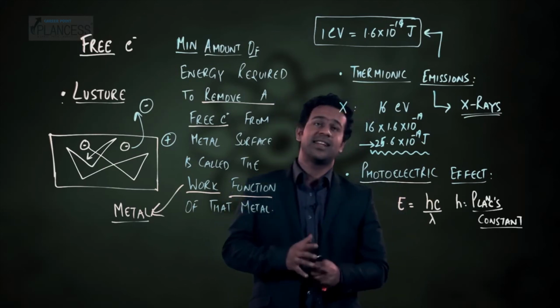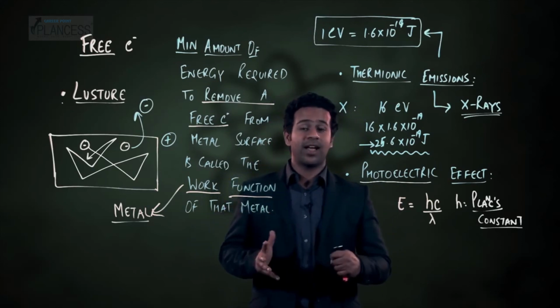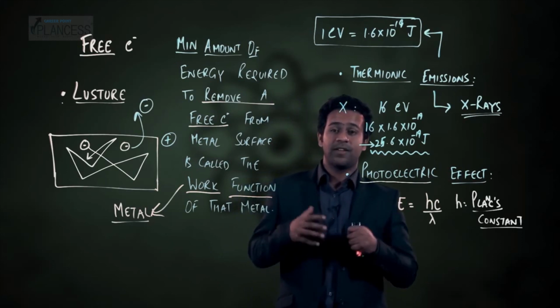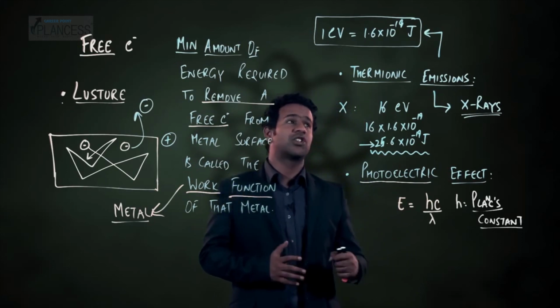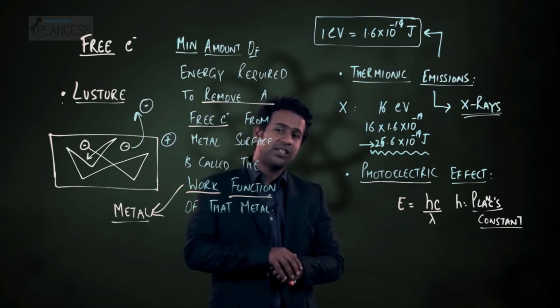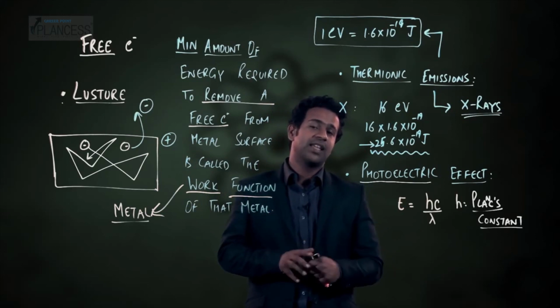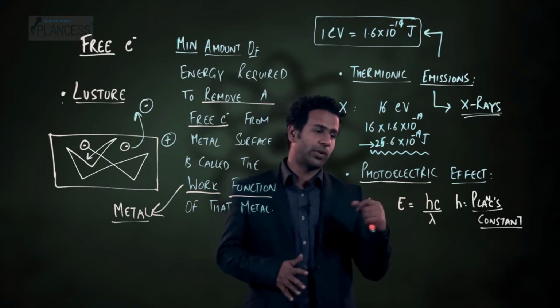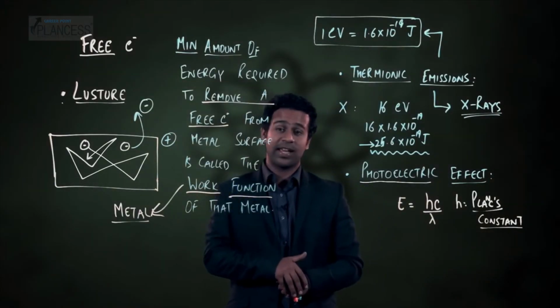Then we realized that this energy that is needed to eject an electron can come from various sources. If the energy needed comes through heating, then the phenomenon is called thermionic emission. On the other hand, if the same energy is provided by the light falling on the metal surface, then the phenomenon is photoelectric effect. In the next lecture, we will discuss cathode rays.